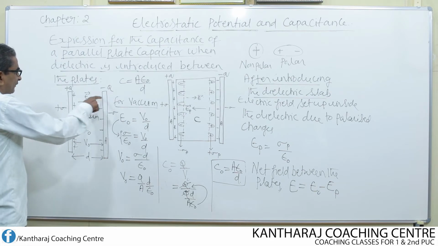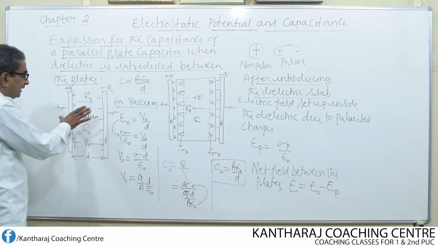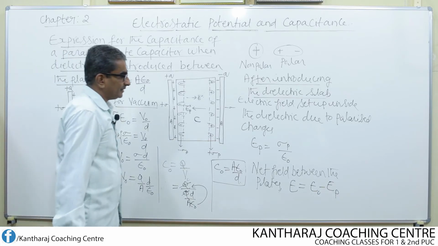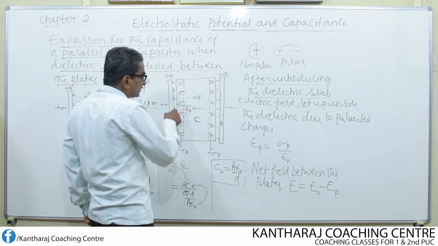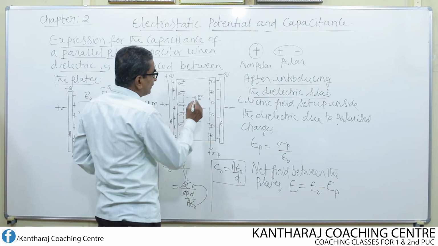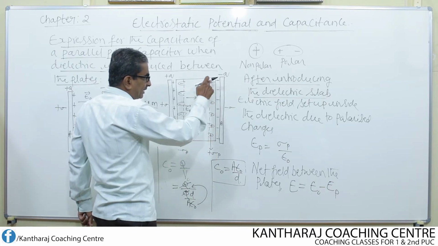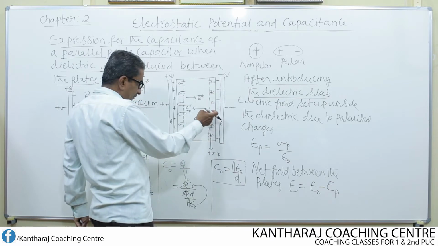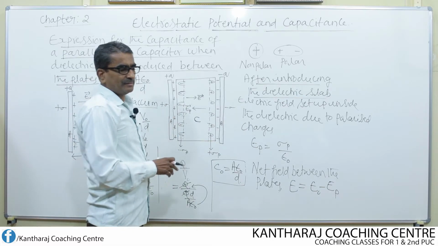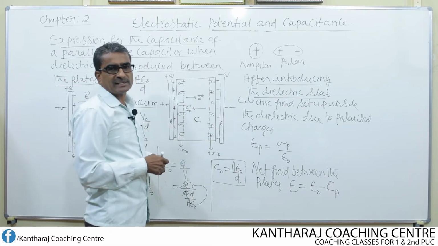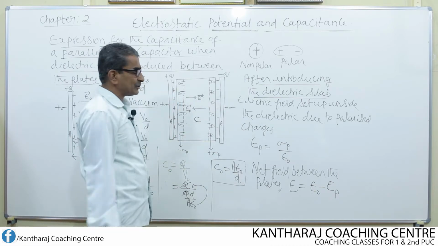E naught is the electric field between the two plates when there is no dielectric, only when vacuum is considered. Whereas EP is the electric field produced due to polarized charges, and the direction of that electric field is from the layer of induced positive charge towards the layer of induced negative charges. Because it is quite natural, the direction of electric field will always be from positive charge to negative charge.